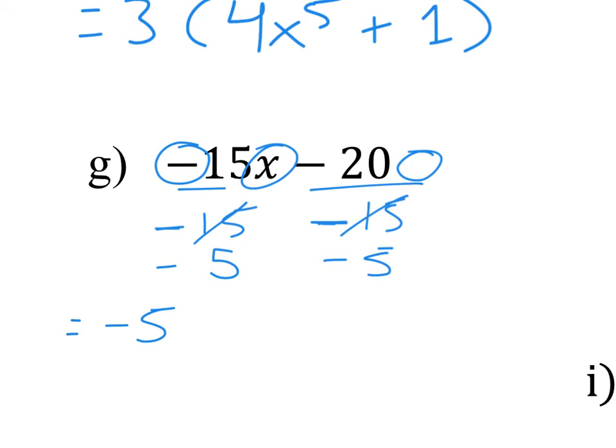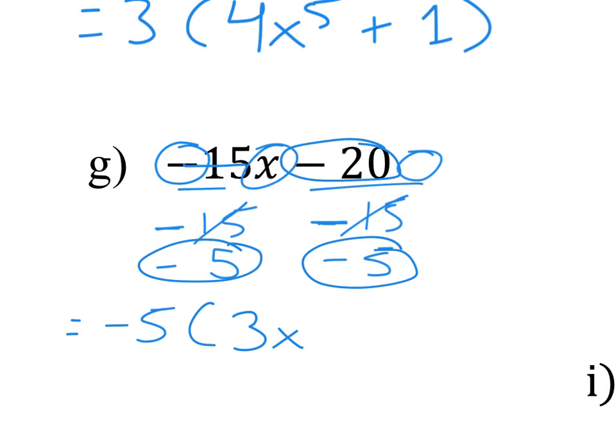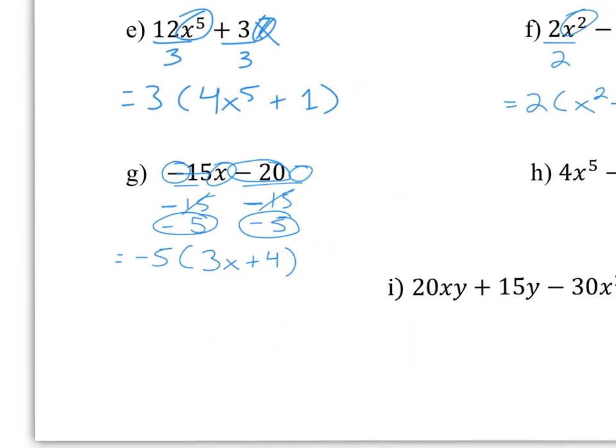You can't take out any x's because that 20 doesn't have it. Negative 15 divided by negative 5 is positive 3 with the x because we didn't take anything away. Negative 20 divided by negative 5 is positive 4. So you can see we're using the same premises, but we're getting a little bit trickier and we're adding different restrictions or rules as we go on.